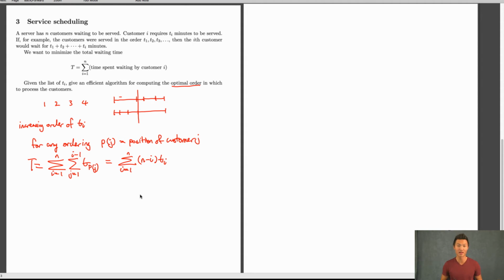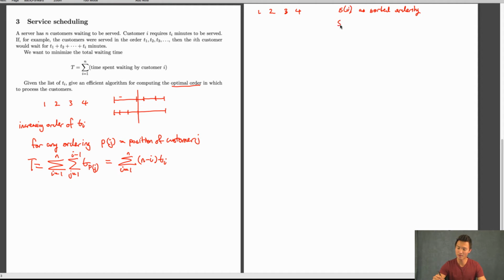So these are 2 ways to think about the time cost. Now let's prove why this is optimal, right? So let's say we had our original ordering, 1, 2, 3, 4, and let's call S of I the sorted ordering.